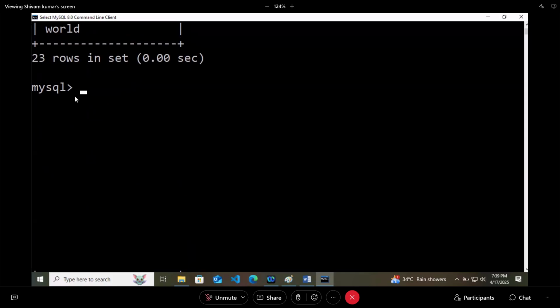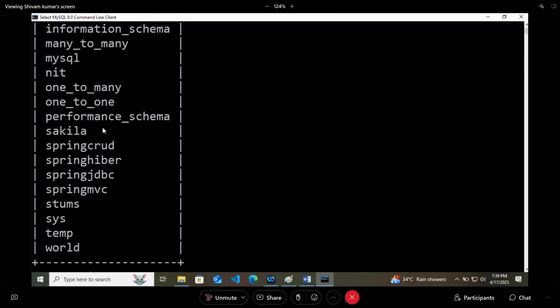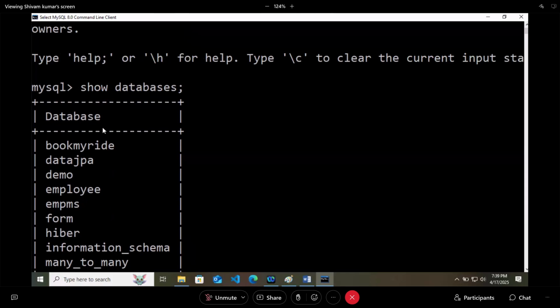I want to create a new database for you. These are database names, not table names. Show databases means all the databases will be visible. This book my ride was the final project that we did in the last batch.